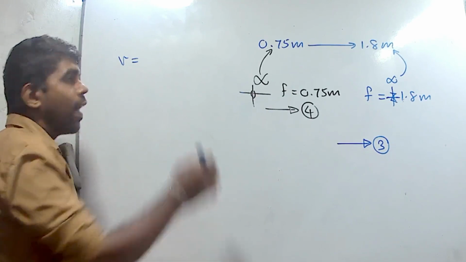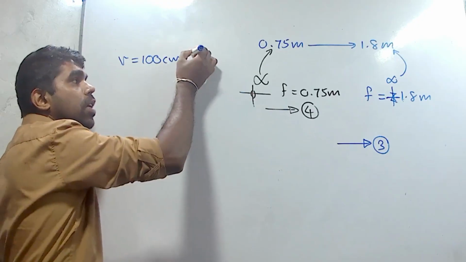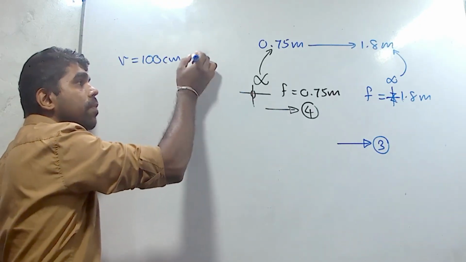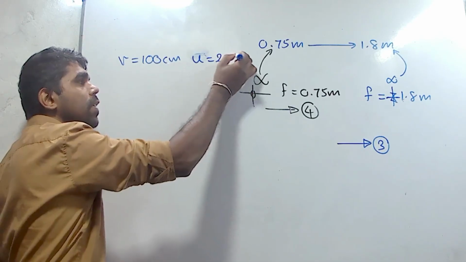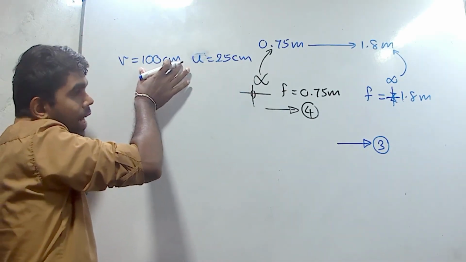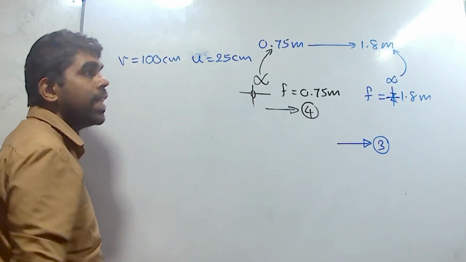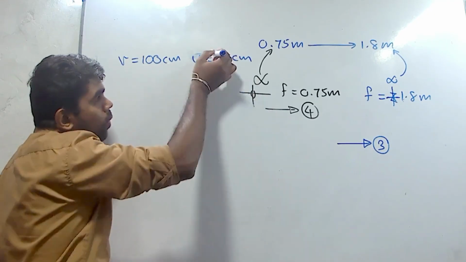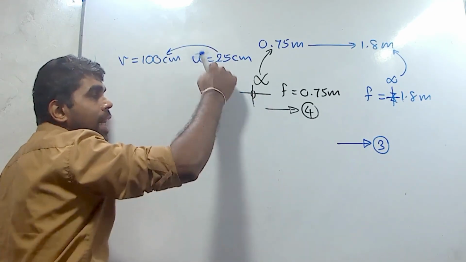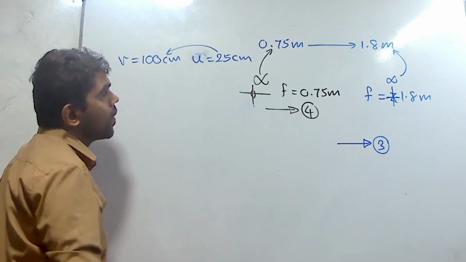The point he can see is 1 meter, 100 centimeters. The object should be placed at 25 centimeters. By using the lens, an image should be formed at the nearest point he can see for the object at 25 centimeters. Then he can see 25 centimeters by using the corresponding lens.